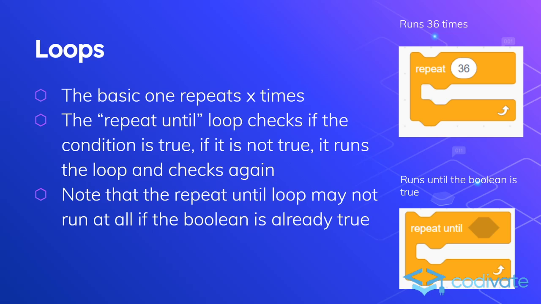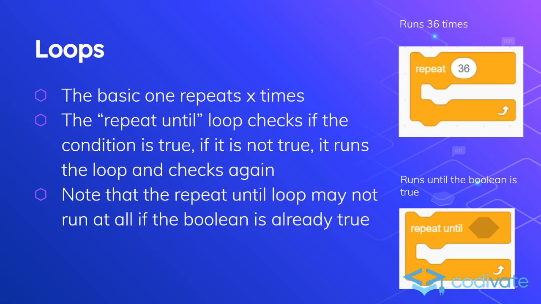If the number is less than 2, it's going to repeat it. But if it is 2 or greater, it will stop. So let's say it starts at 0. It'll repeat it once. It checks it again, and it keeps repeating it until the number becomes 2 or greater.